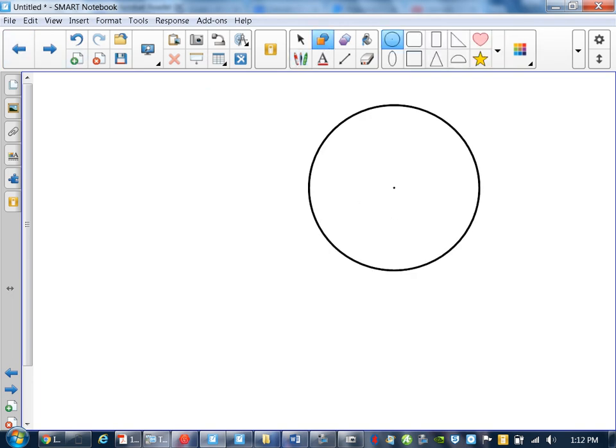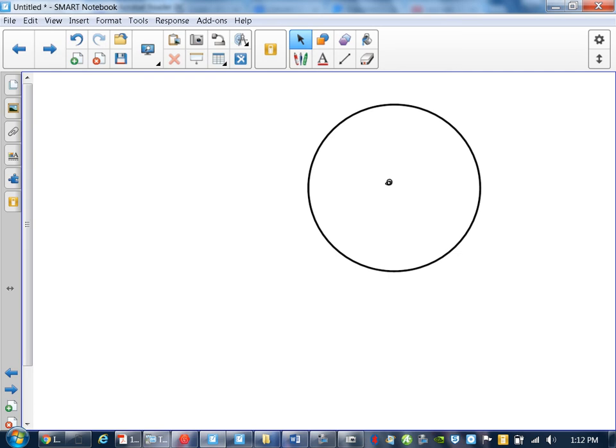For example, if I take a circle with a central angle of 60 and an arc length of 15 inches, and I want to know what the radius is. So if I work this one backwards, we start with the circle, we have a central angle, and we know that that's got to be an arc length because the unit of measure is in inches or feet.